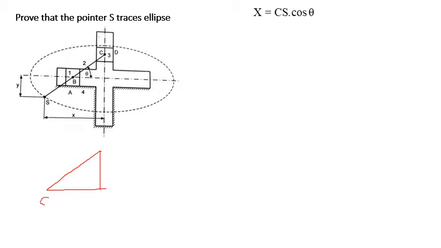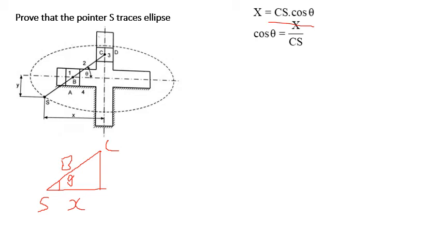This is S, this is B, and this is point C, and this is angle theta, and this is X. In this triangle I want the X value, therefore X is equal to CS into cos theta.